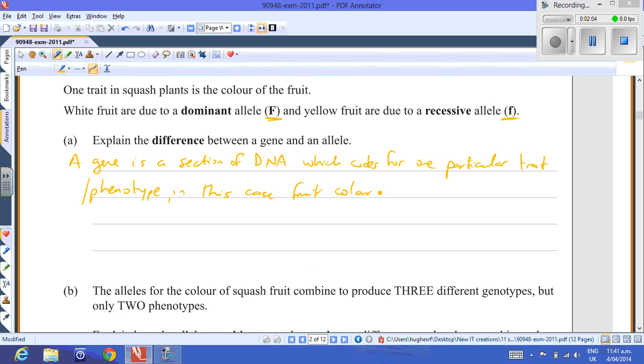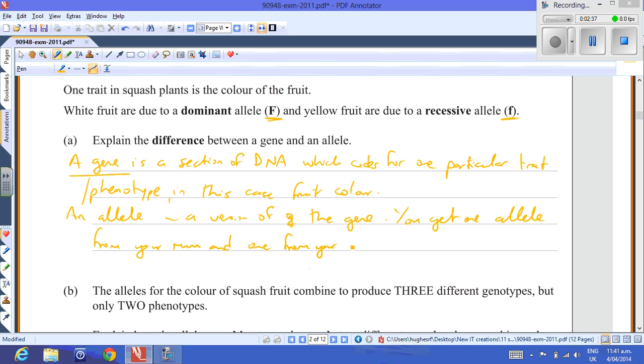Then an allele, which is very much related to genes, but an allele is a version of a gene, a version of the gene, and you get one allele from your mom and one from your dad, or in this case, one from each of the parent plants.